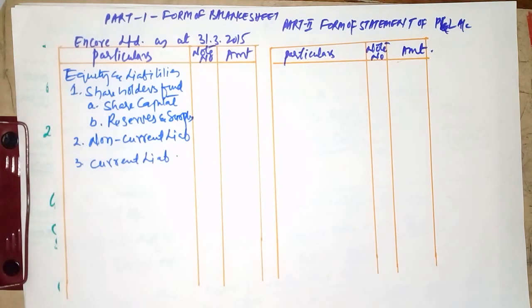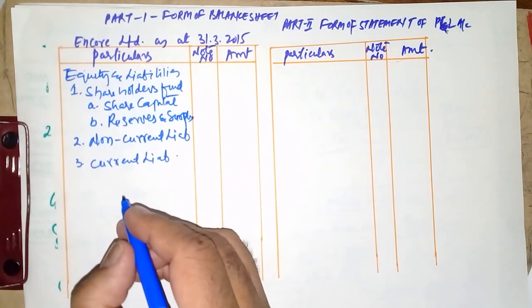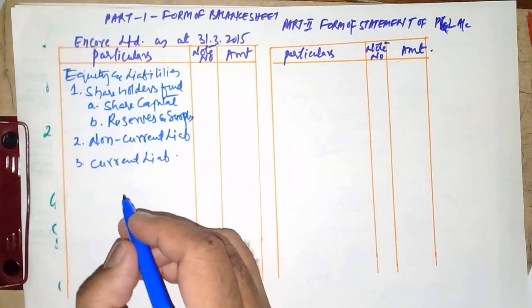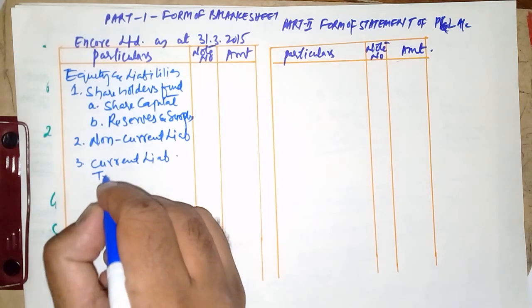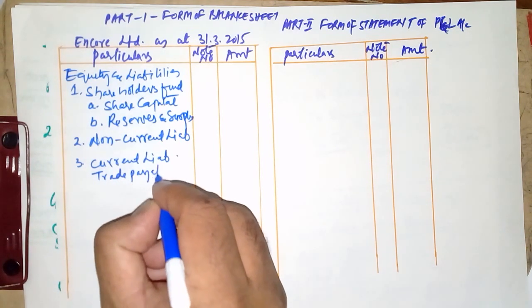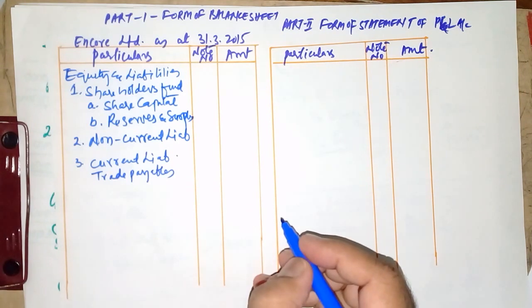Under current liabilities, whatever comes, we will write. So under current liabilities, when we read the question, we came across trade payables, right? So trade payables we will write.